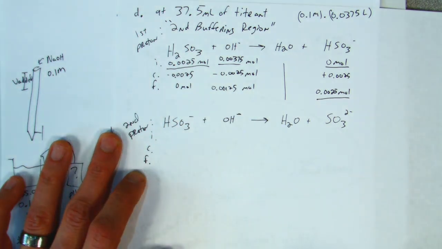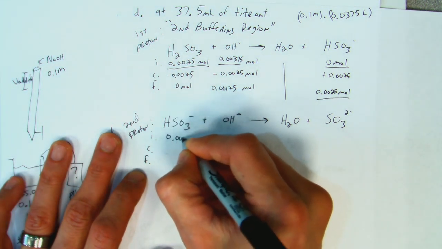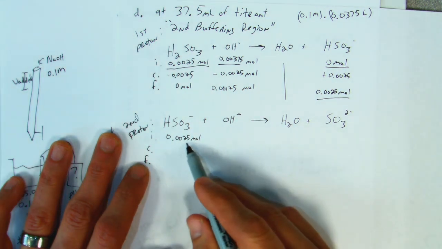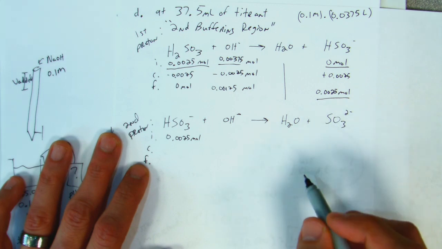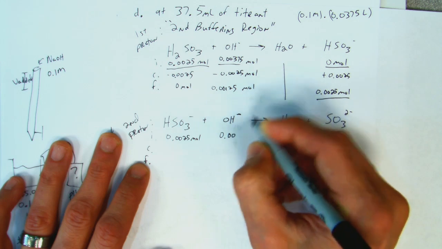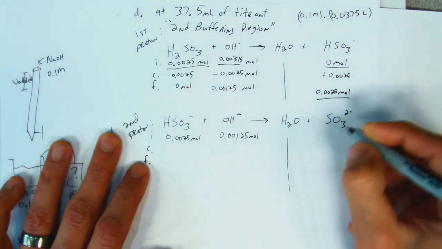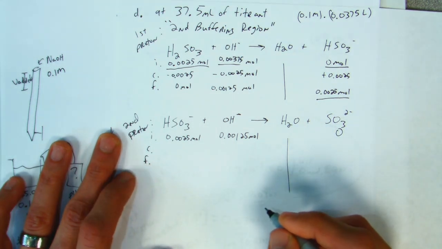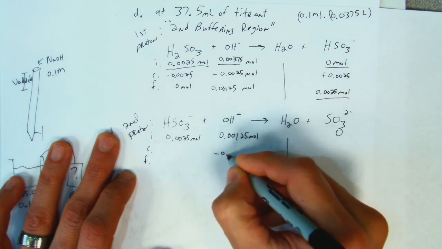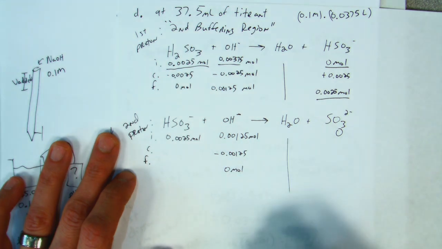We can still proceed through our normal organized approach, writing our ICF table with the initial quantities in moles. I've got 0.0025 moles of this stuff to use. I've also got a remaining quantity of 0.00125 moles of that. Now what's going to happen? Well, it becomes a limiting reagent problem again. It looks like in this case I'm going to run out of this one first. After I react 0.00125 moles, I'm not going to have any left.